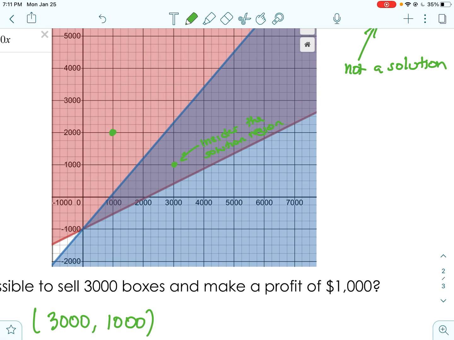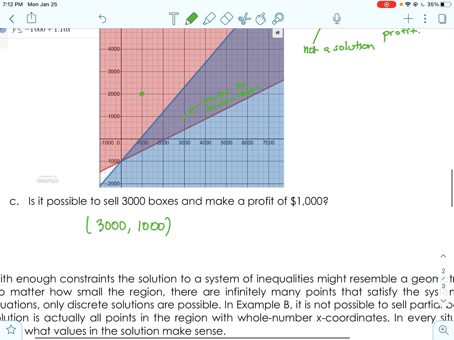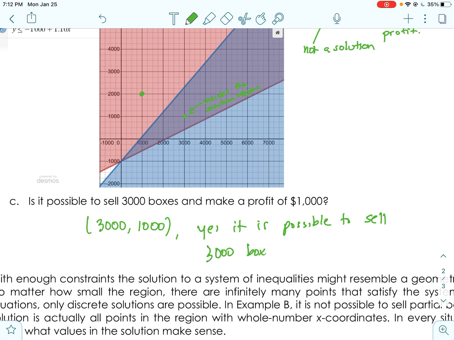So because it is inside the solution region, the answer would be yes, it is possible to sell 3,000 boxes for a $1,000 profit.